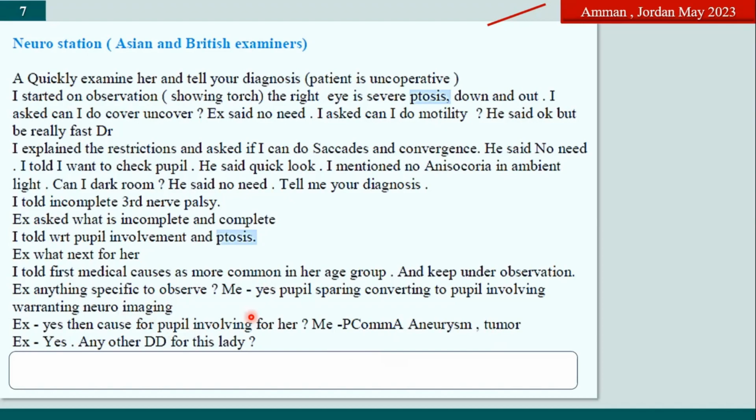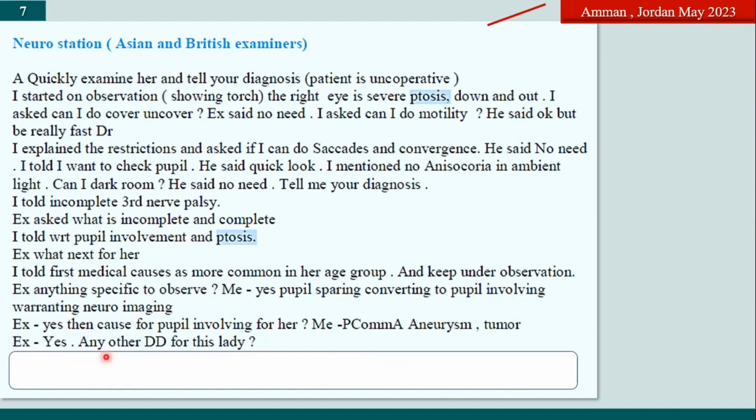But you, as an ophthalmologist, have to specify what type of imaging. If you are looking for a posterior communicating artery aneurysm, what is the imaging modality of choice here? Magnetic resonance angiography. Excellent. Another modality? CT scan angiography. Excellent. So this is how you can impress the examiner and show off your knowledge, because you already know it. Saying just neuroimaging is a broad answer.